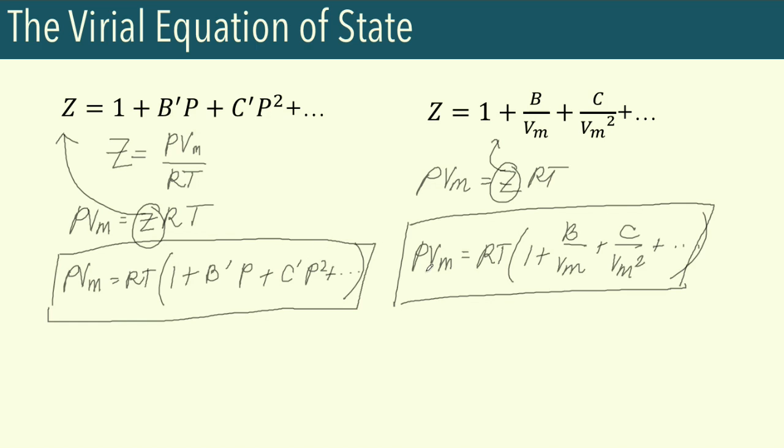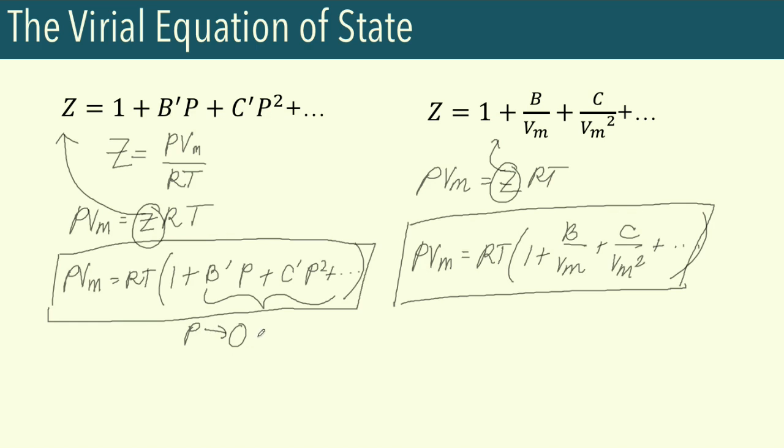We also said something about how all real gas equations of state should reduce to the ideal gas equation of state at the limiting conditions, namely low pressures when pressure approaches 0 and when molar volume approaches infinity. Let's check out the behavior of this as P approaches 0. These additional terms are like corrective terms for the ideal gas equation of state.